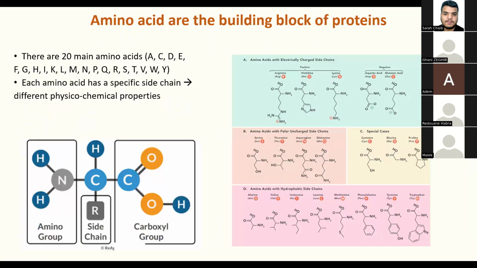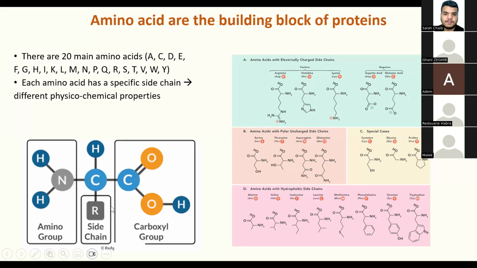And the building blocks of proteins are what we call amino acids. Those are chemical compounds that have a general formula: they have a central carbon that is linked to an amino group, a carboxylic group, and a side chain R that is specific to each amino acid.